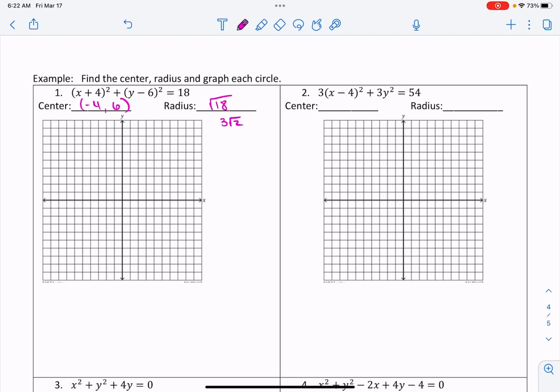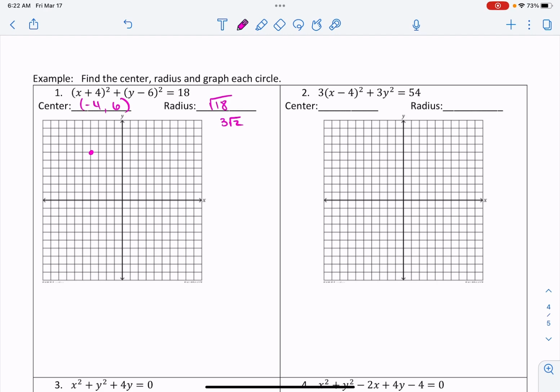So when we go ahead and start plotting this, we're going to plot our center first, which is going to be at negative 4, 6. So 1, 2, 3, 4, and positive 6, 1, 2, 3, 4, 5, 6. So right about here is what we get.